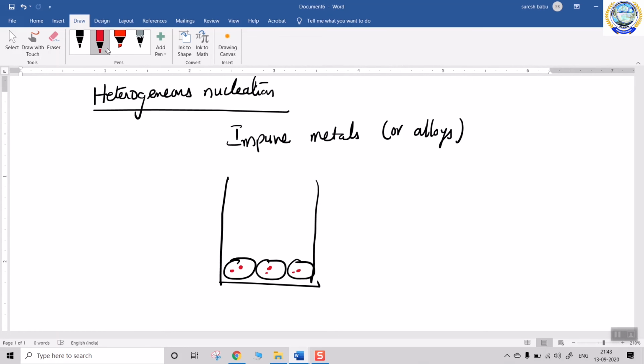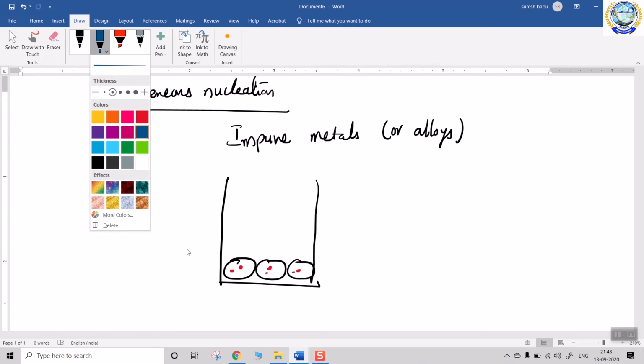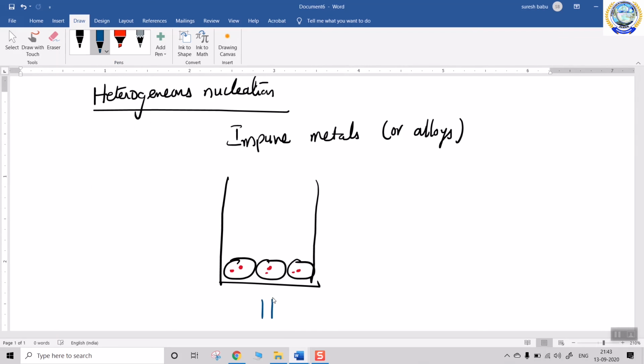Now, I heated this total impure metal. Let us imagine that the melting point of this metal is less than the impurity.